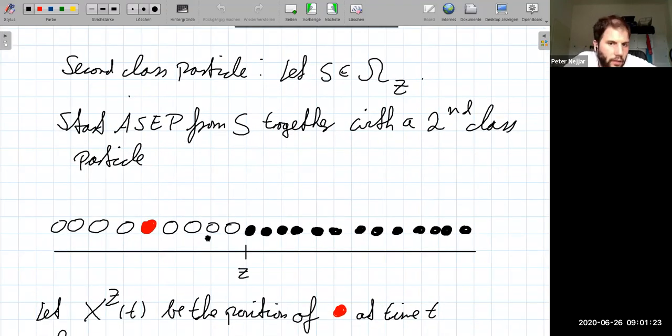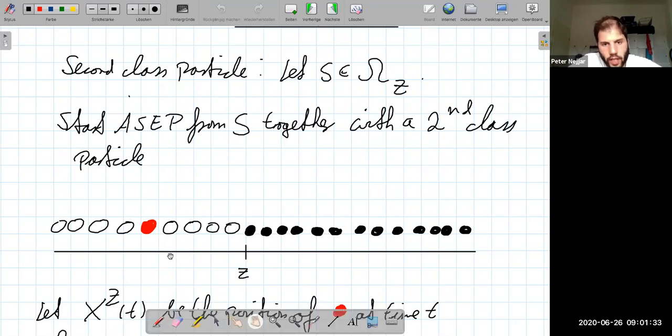One element of the space omega z is, for example, the configuration which has everything full to the right of position z, and everything to the left of z is empty. But somewhere there's a second-class particle. It doesn't matter where it is initially.